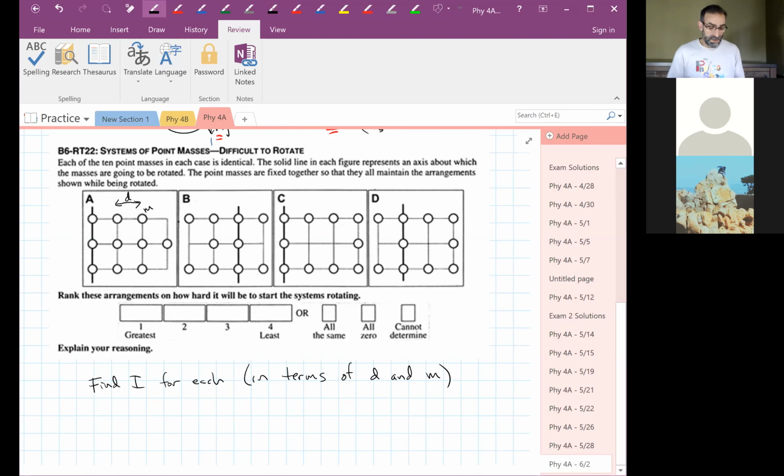And this grid of masses is going to rotate about this axis of rotation right here. Okay, that heavy line right there, that axis of rotation. So let's do it for A.